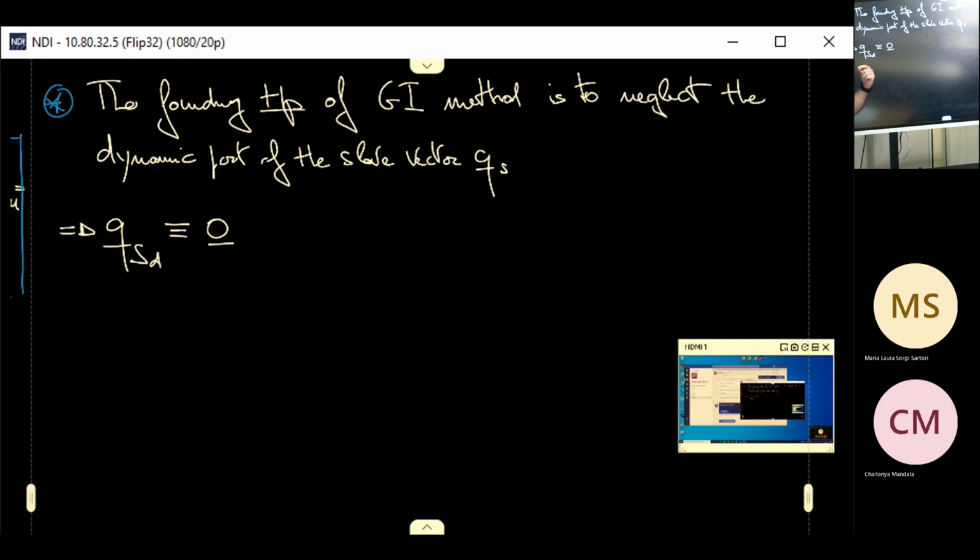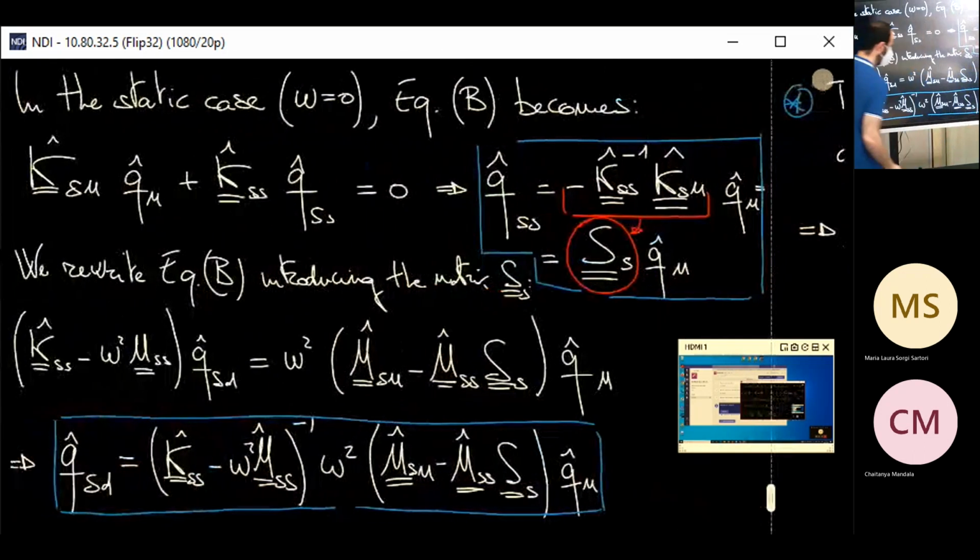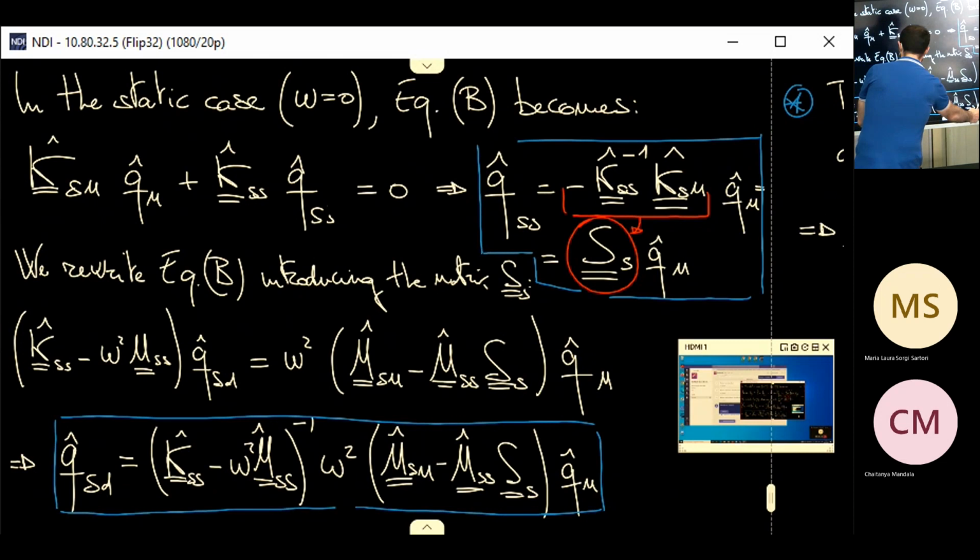And here we come back to the idea of weighing pros and cons, okay, of a method. So if we say that the dynamic part of the slave nodes is 0, it means basically here that this coefficient between QM and the equal sign is equal to 0. And when is it that this is equal to 0?